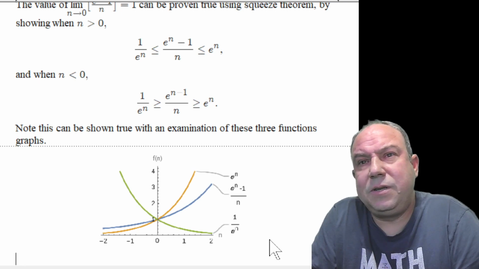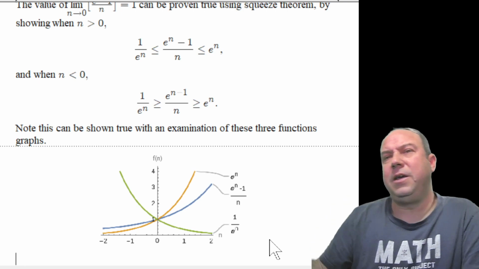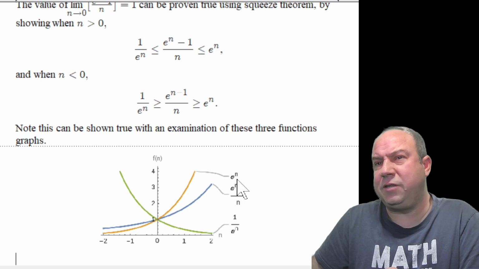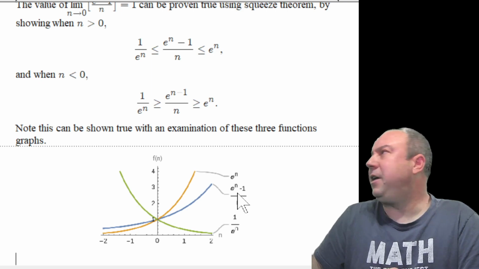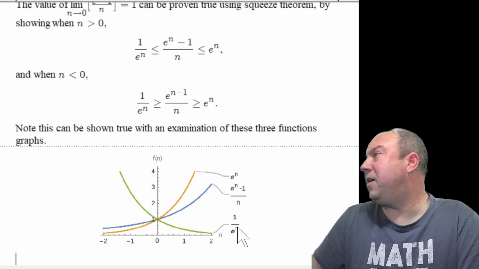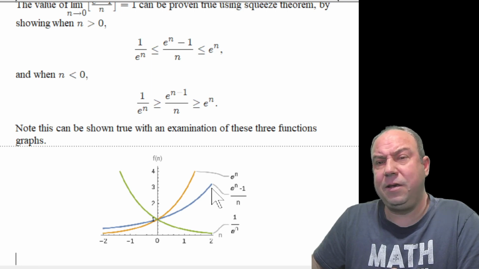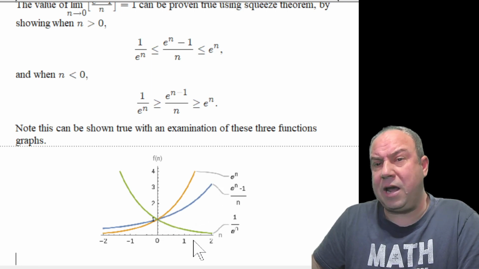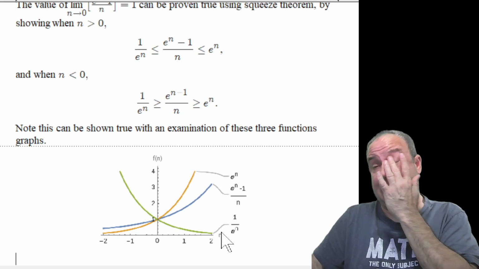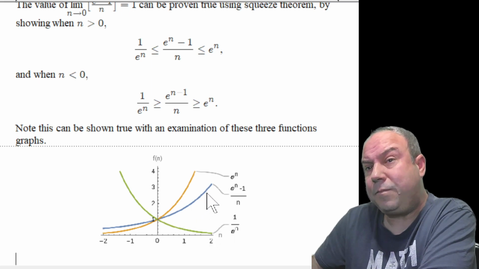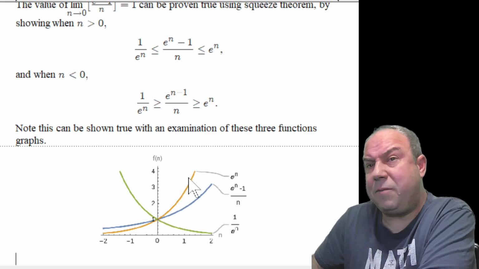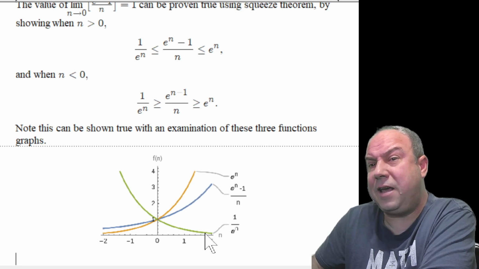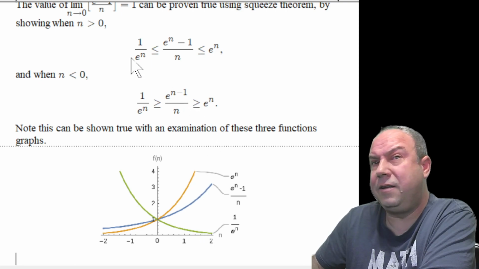relationships, here we have the graph of the three functions in these relationships, e to the n minus 1 divided by n, and 1 over e to the n. And we can see on the right, where n is greater than 0, this being the axis for n, e to the n minus 1 divided by n is smaller than e to the n and greater than 1 over e to the n.